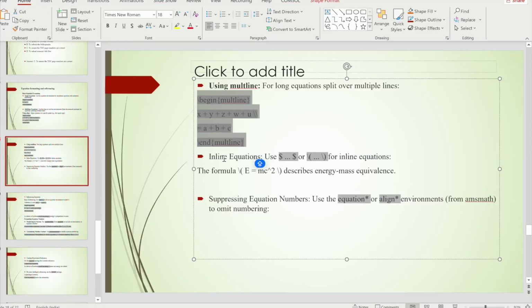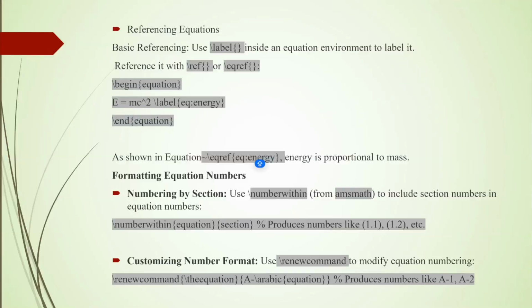Sometimes we use an inline equation, with the dollar symbol, or this. If we want to suppress the equation number, we have to use the star mark. For referencing an equation, we have to use the label, and something like that we can refer to the equation. Let's label the equation.